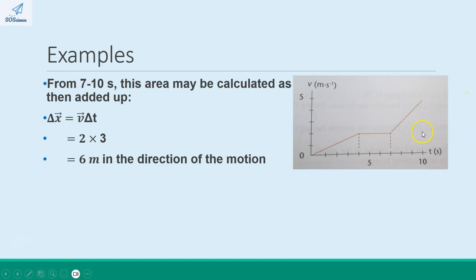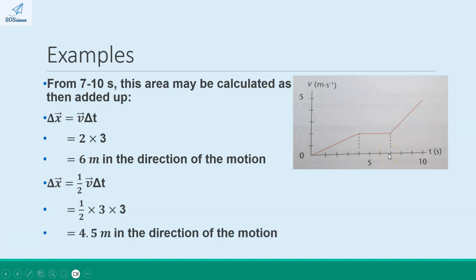But we also need to consider this triangle, which ends at 5 and starts over here at 2. So that means that your velocity, your y-axis, is 3 times the time, which is 3 seconds, and that gives us 4.5 meters. So we need to add up the 6 and the 4.5, and that gives us 10.5 meters in the direction of the motion.